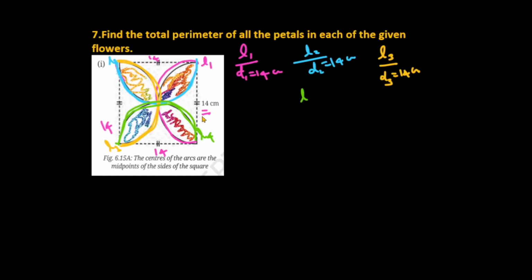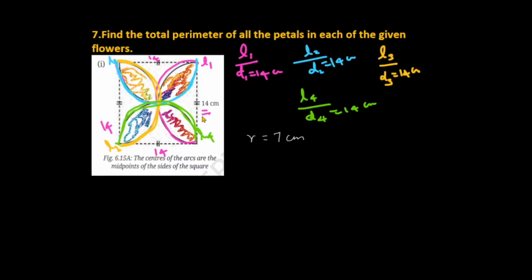For L4, same diameter, D4 14 centimeter. So radius 7 centimeter for all the arcs. 4 arcs are there. These 4 arcs with diameter 14 centimeters give the 4 petals. So radius is nothing but 7 centimeter.